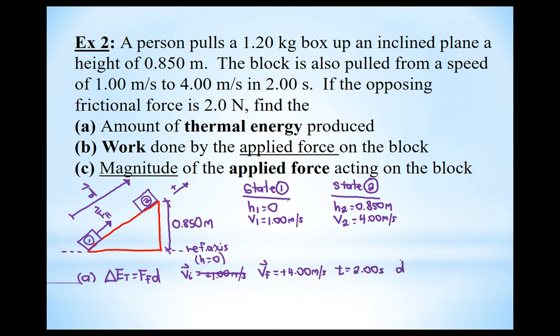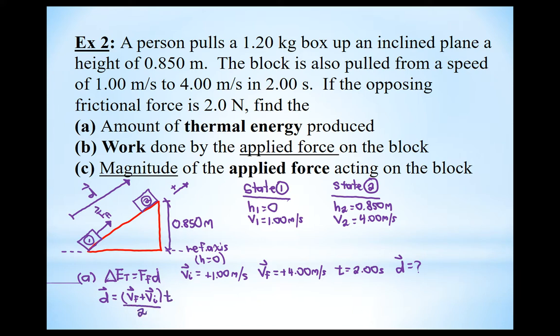And I want to calculate the displacement. Once I get the displacement, then I will be able to determine the thermal energy change. All right, so we need to use our uniform acceleration equation that has VI, VF, t, and d in it. D is equal to (VF plus VI) over 2, times t.